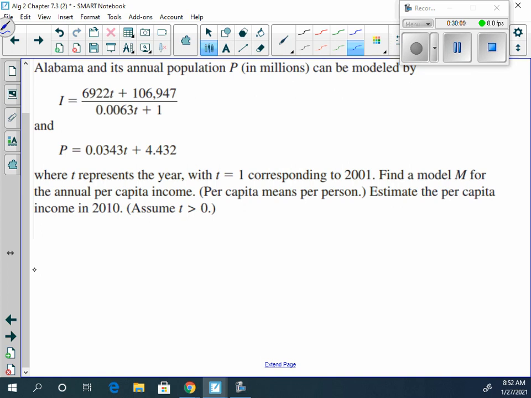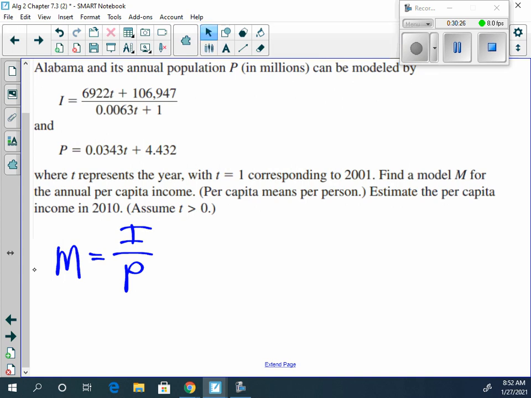Find a model M for the annual per capita income. If you're looking at almost M is equal to I over P or something like this here and going from here. But I'm not too concerned with this here. I mean, we could look at it later if we wanted to.